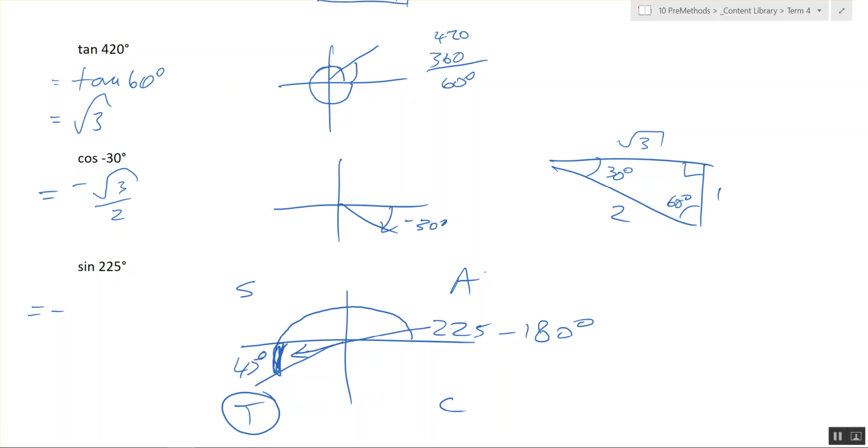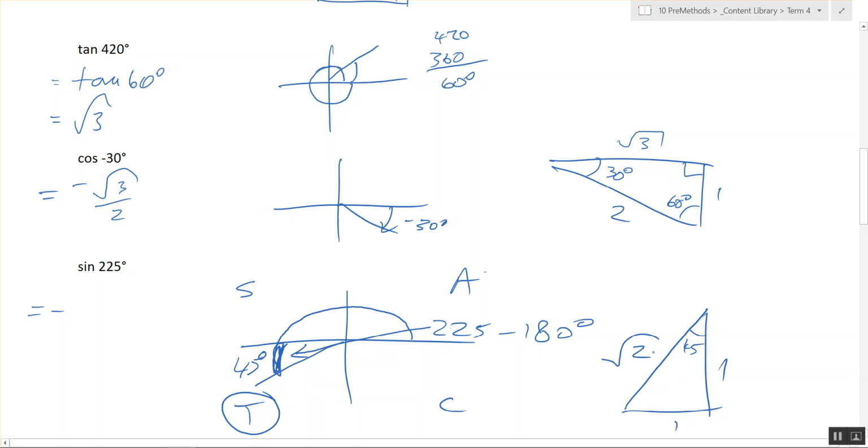To get the smaller angle, to use the special triangle, okay? Because we don't know 225. You need the corresponding angle, or the supplementary angle, I can't remember what it's called. 45 degrees, because we know 45 degrees, or does anyone remember it? 1, 1, square root 2. Okay, so now we can find 225, but it's just a negative version of sine 45.